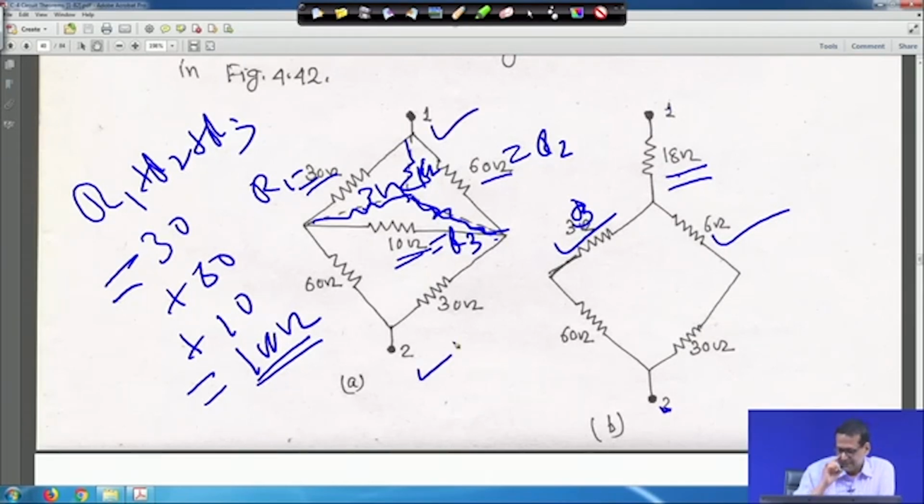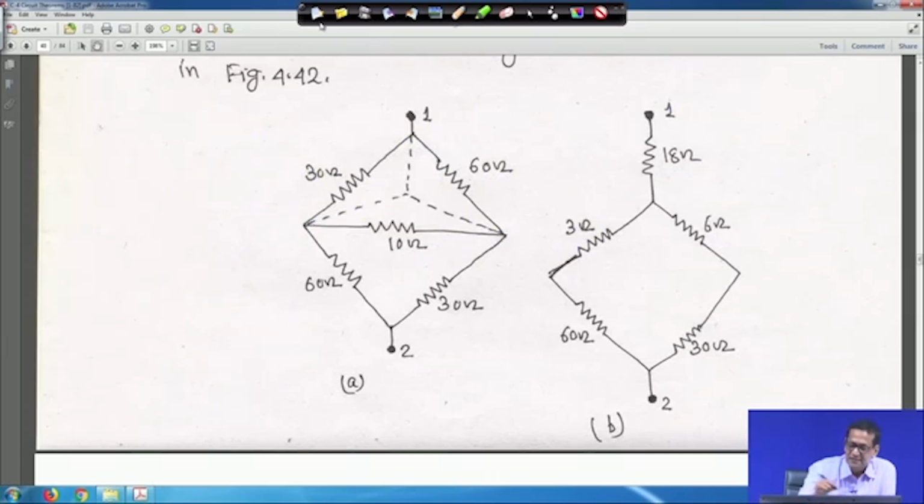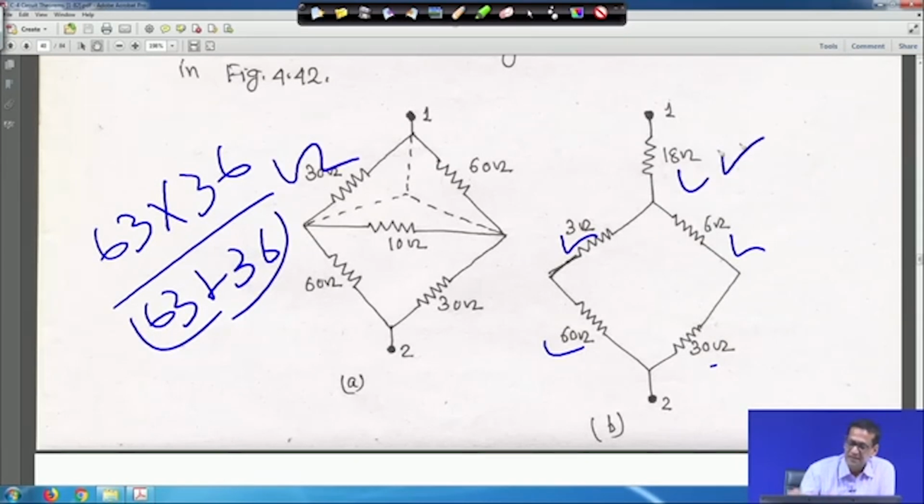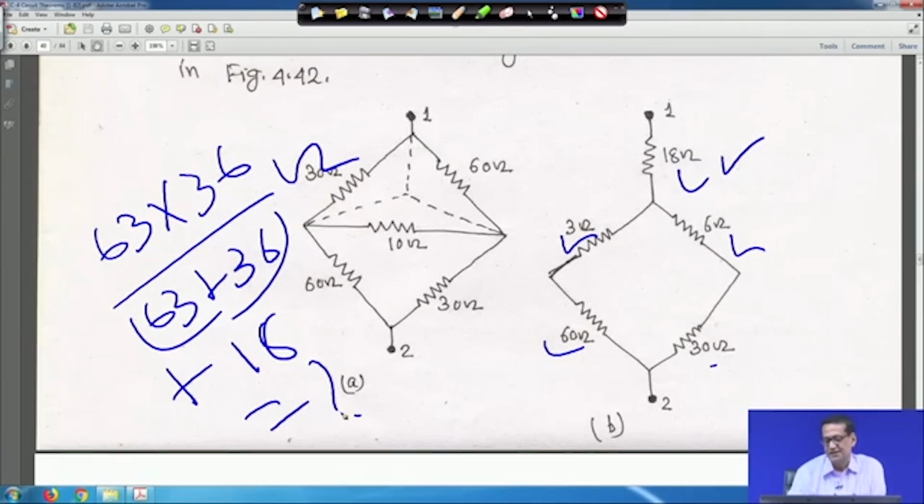That means 3 ohm and 60 ohm, these two are in series, and 6 ohm and 30 ohm they are in series, and this combination is in parallel. That means it is 63 ohm and this is 36, divided by 63 plus 36, whatever it comes, with that 18 ohm is in series. So, that is equal to what.